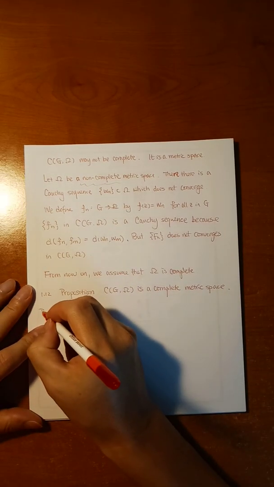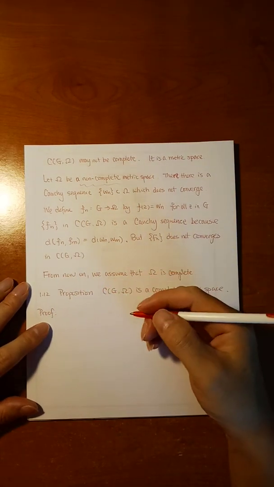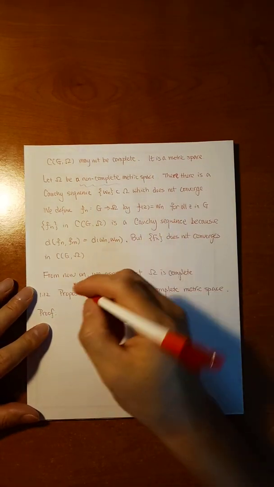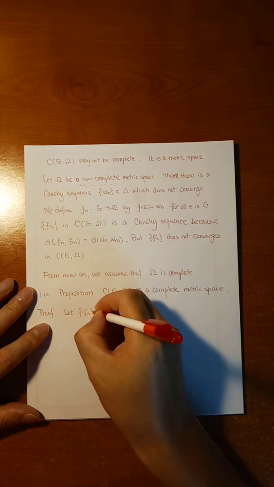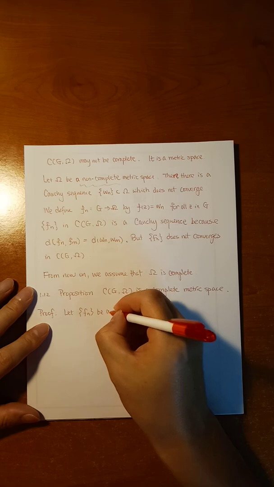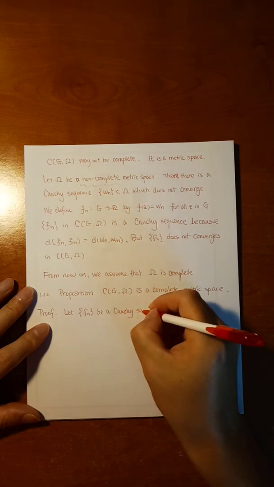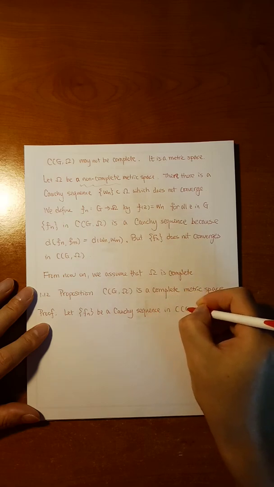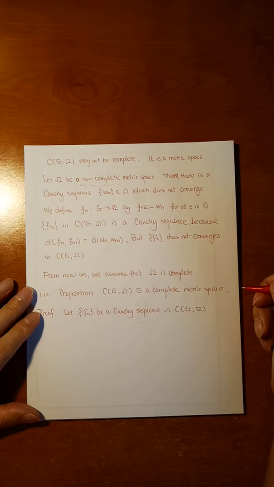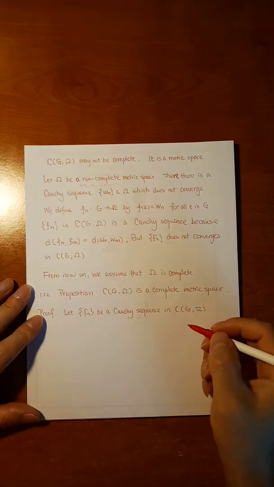So completeness is determined by Cauchy sequences. Let f_n be a Cauchy sequence in C_G(Ω).